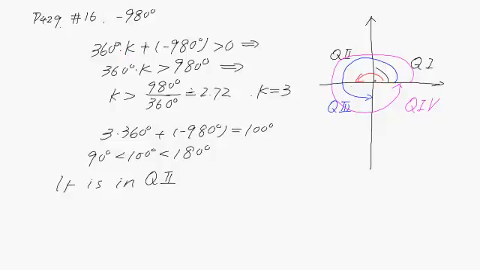Then use it to tell which quadrant the angle is in. The original angle is also in the same quadrant because negative 980 degrees and 100 degrees are coterminal. They have the same initial side and the same terminal side. So we just use the position of the terminal side to determine the quadrant that the angle is in.